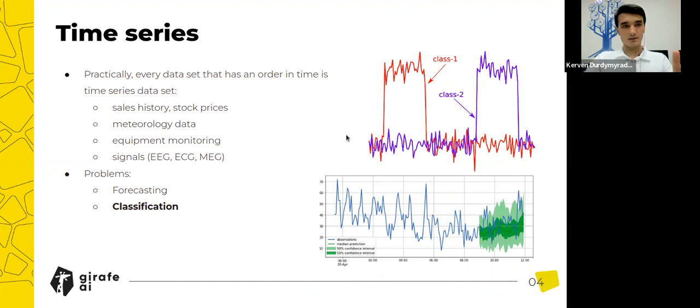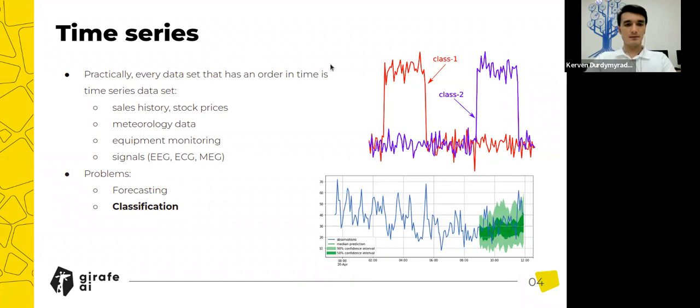Time series problems mainly have two classes. The first one is forecasting. This is making a prediction based on your previous history, for example weather forecasting, or any prediction based on history. The second one is classification. Mainly, our work today is based on classification. We want to classify our signals.